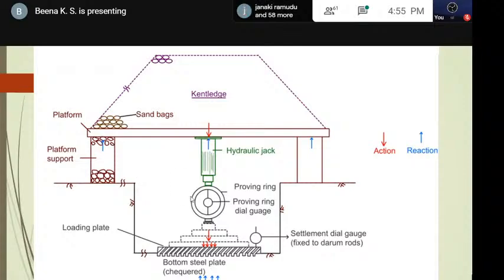So when using the jack, when we try to push it up, this load will try to transfer through this jack and through this plate. Since action and reaction are equal in magnitude and opposite in direction, the action of the jack is upward on the loaded platform and the truss, and downwards on the test plate below.